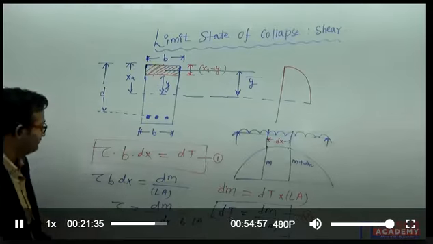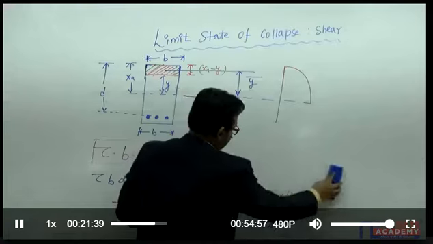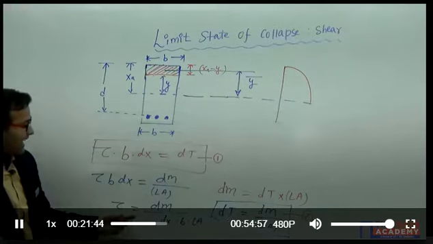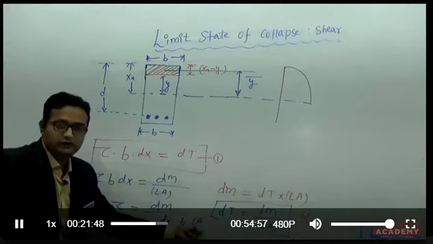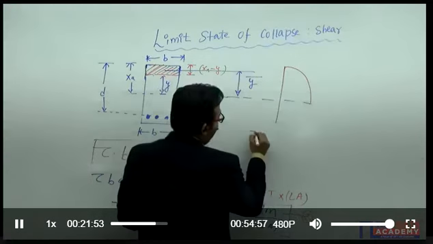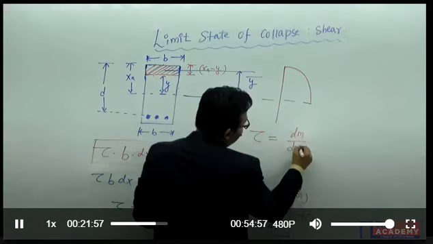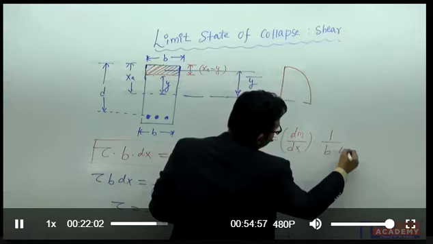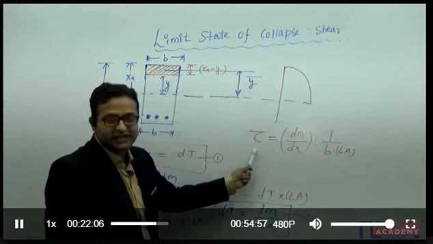Please note down up to here. I need some space. Here I can write. So finally I got tau equal to dM by dx into 1 by b into lever arm. Right? This is the shear stress.